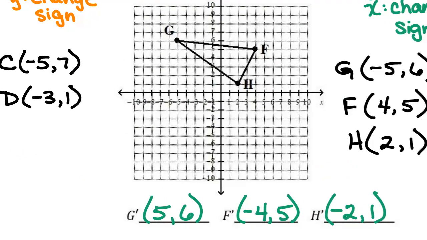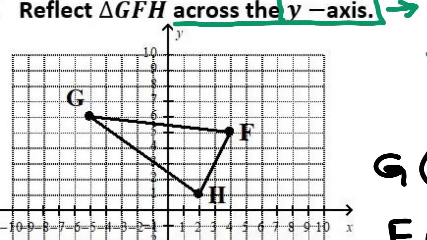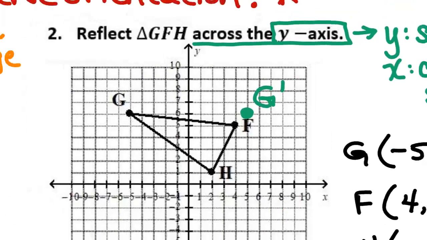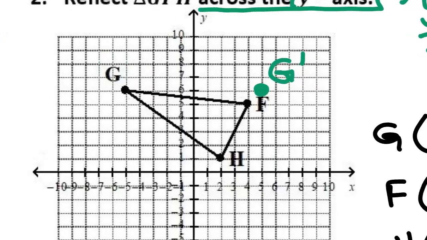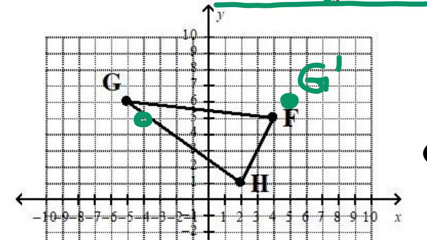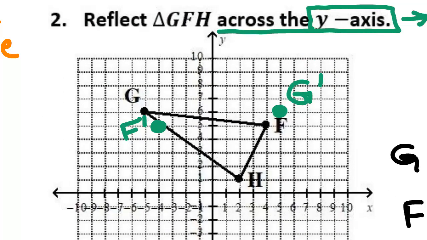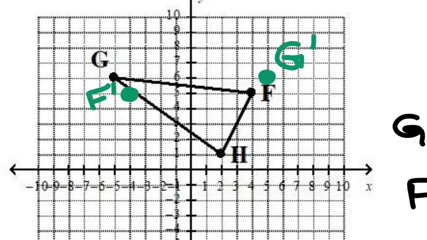So now let's go plot those points. 5, 6 puts my point G prime right here. Negative 4, 5 puts my point F prime right here. And negative 2, 1 puts my point H prime right here.